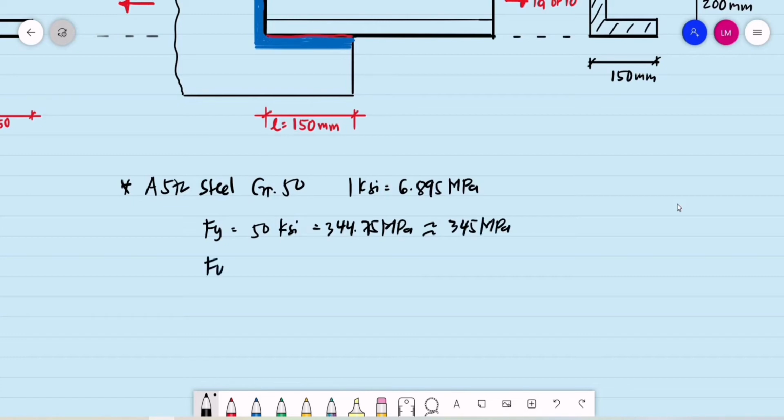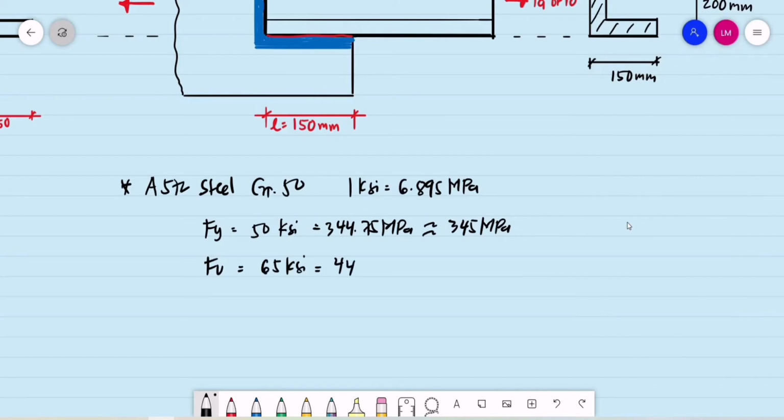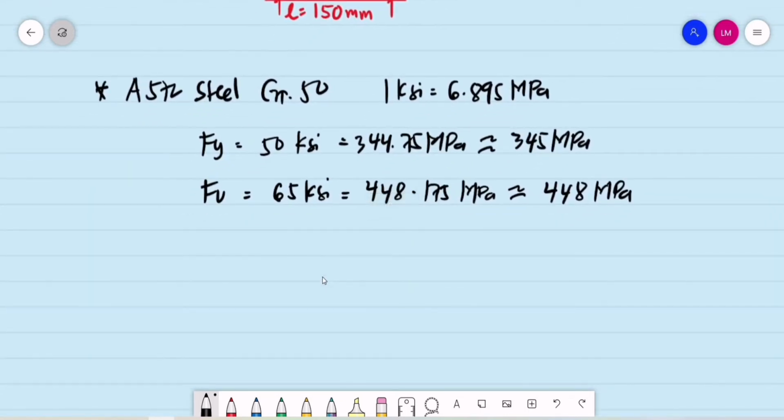Then the value of Fu is 65 kips per square inch, equal to 65 multiplied by 6.895, that's 448.175 megapascals. Let's say the nearest whole number is 448 megapascals. Okay, so these are the properties of the A572 steel grade 50. Now, let's have our analysis.